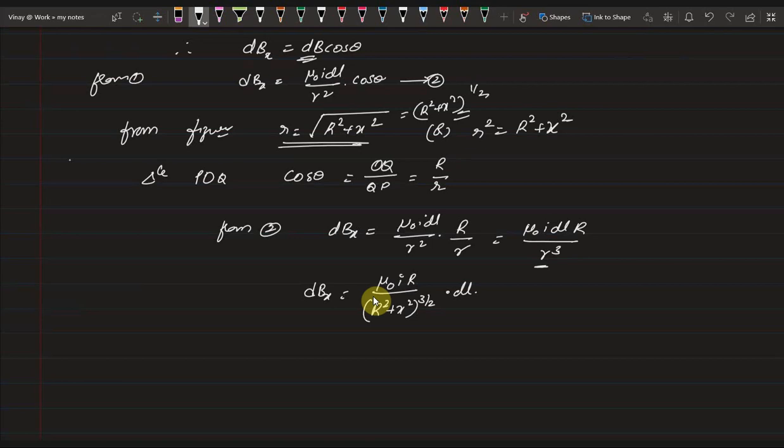Understood this point now? Therefore, to get the total magnetic field, integrate on both sides.